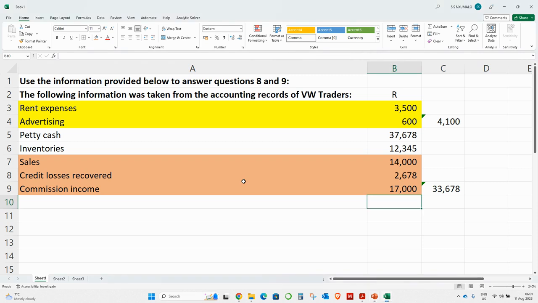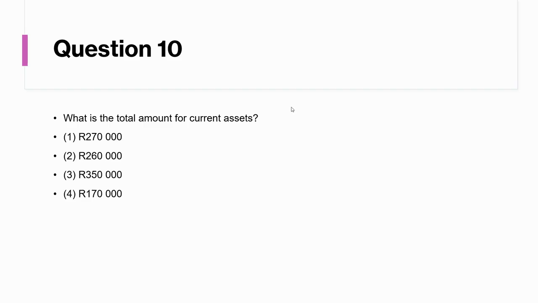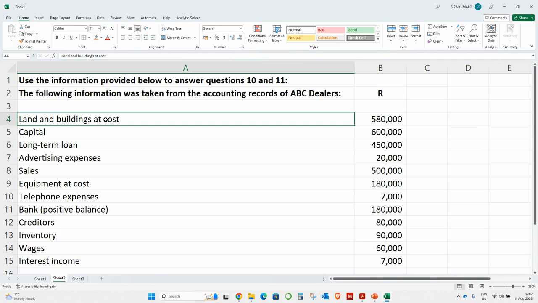Okay, again, question 10 is coming from this table here. Again, it says use the information provided to answer questions 10 and 11. The following information was taken from the accounting records of ABC dealers, right? What is the question? What is the total amount of current assets? Okay, land and building, it's non-current.